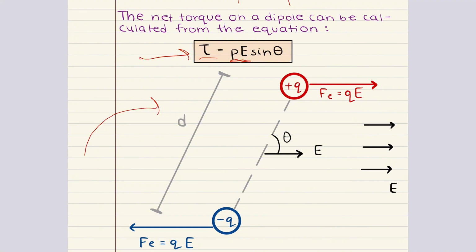When theta is 90 degrees, the torque is at its maximum because sine 90 is equal to 1. In this case, the dipole will experience the greatest rotational force, trying to align it with the electric field. Now, the effect of this torque is to rotate the dipole until it is aligned with the direction of the electric field, where theta is equal to 0 and the torque is equal to 0.